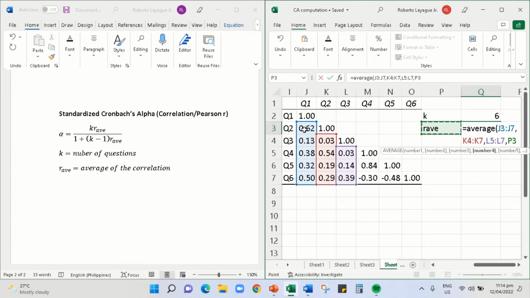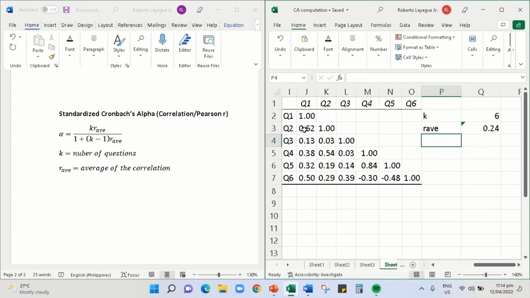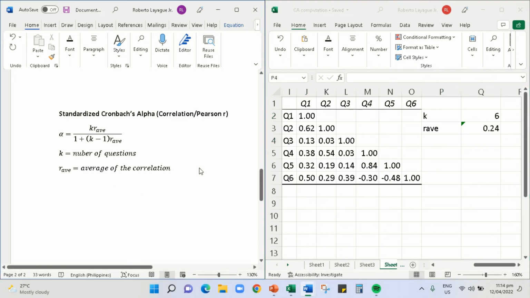Okay. Getting the correlation, and then on the last one here. So that is now the average, 0.24. It might have an error because we did include the 1, but if you erase that, it will be removed. So we got 0.24, right? Now, we can compute it here. Using this formula, once again, we're computing for the standardized Cronbach alpha. So it's just the same.